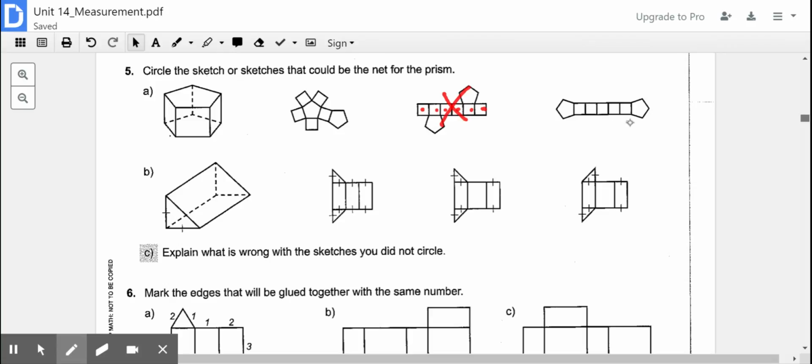What about this one here? Yes, that one has 5 rectangles, but the shape looks wrong. So I'm going to say that this is the only one that would net me that prism there. That would be the only net that I could actually cut out and assemble into this shape here. Okay, go ahead and try the same with B.